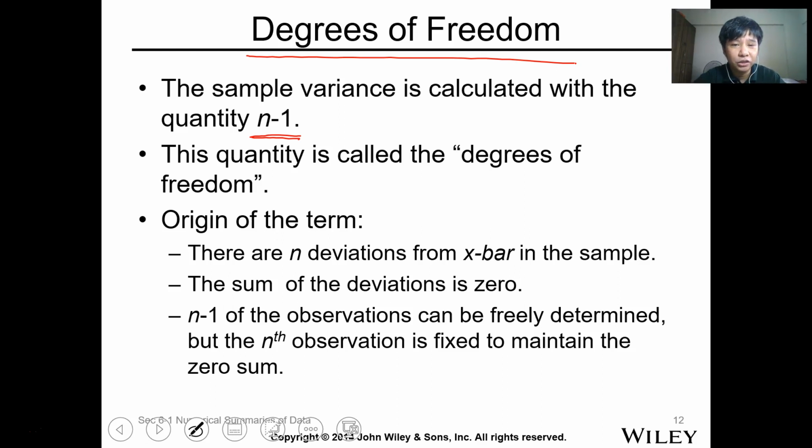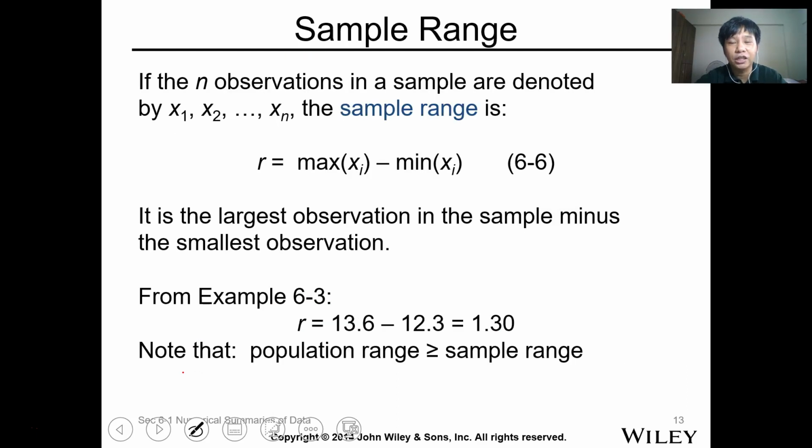The n minus 1 data of the observation can vary, but the nth observation is fixed to maintain the zero sum. Okay, so basically, yun lang yung degrees of freedom mo, n minus 1. Depende yan sa type ng samples or data.